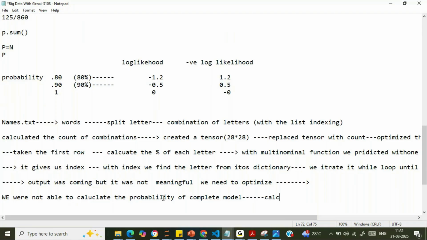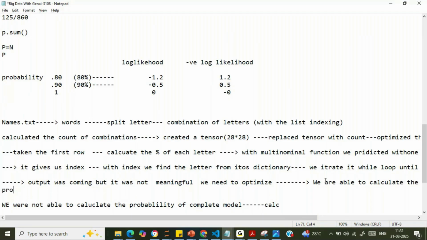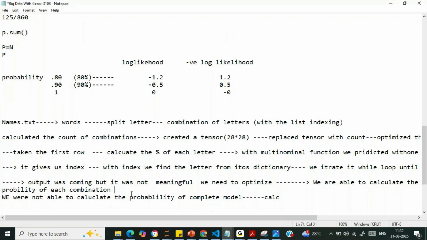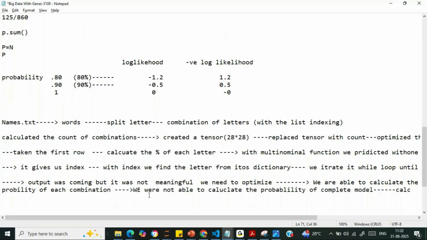Over here we are able to calculate the probability of each combination, but we are not able to calculate the probability of the complete model.